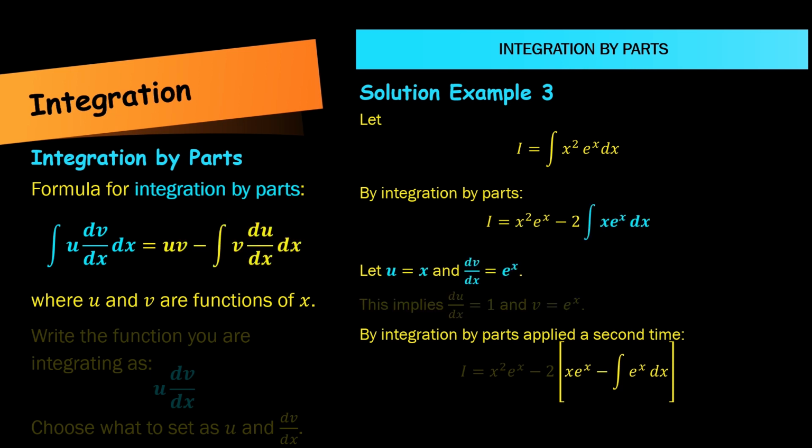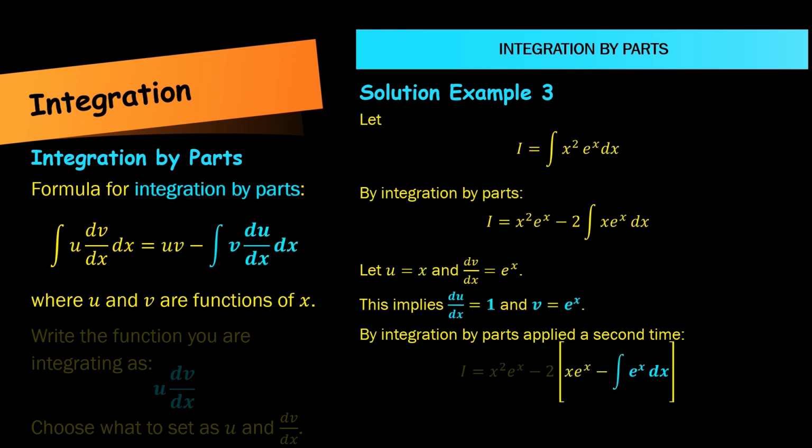So we have u equals x and dv dx equals e to the x, so that's our integral, x e to the x, and uv in our example here is x e to the x, and again referring to our integration by parts formula, v du dx is 1 times e to the x, which is of course e to the x. So the last bit we integrate e to the x dx, as we can see here.